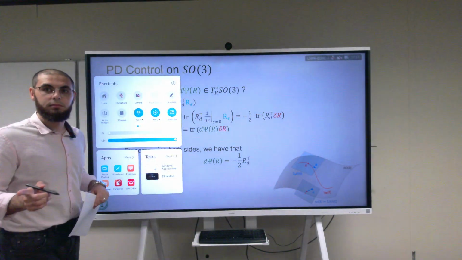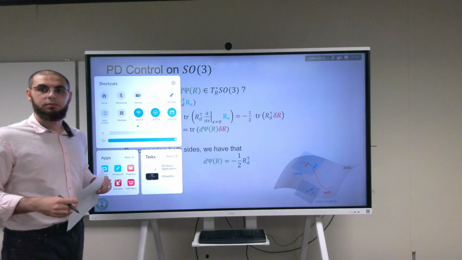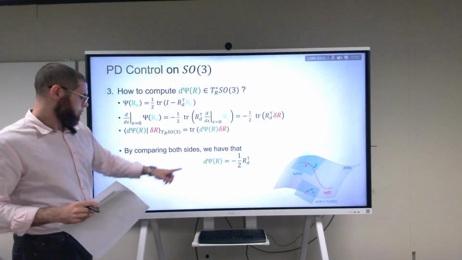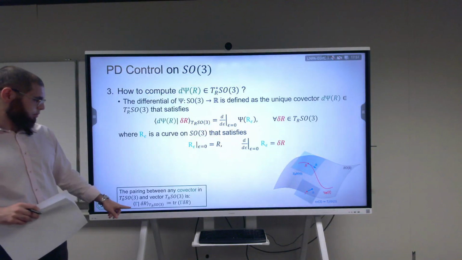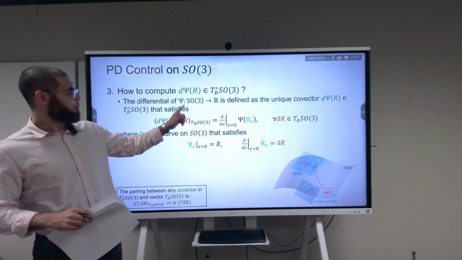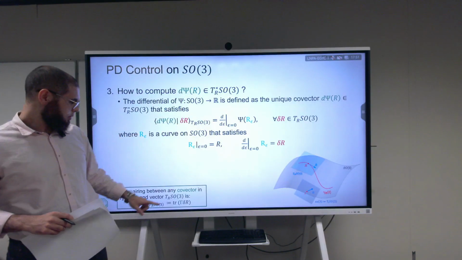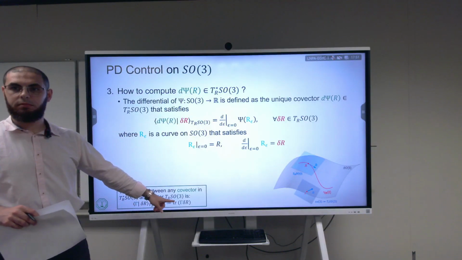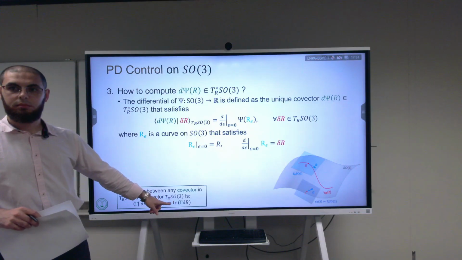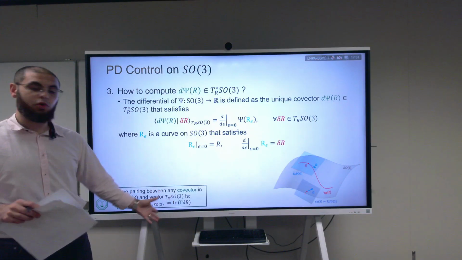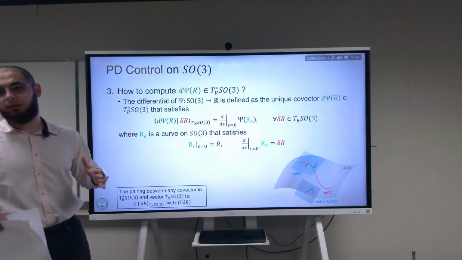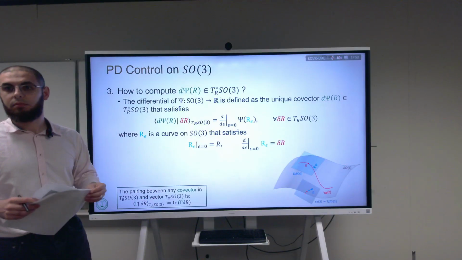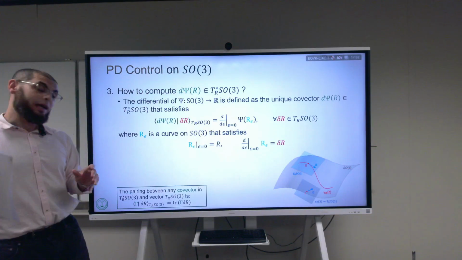Are there any limitations on gamma? The trace of gamma times delta R, are there any restrictions on gamma? It has to live in the covector space, in terms of a 3 by 3 matrix. That's a good point.